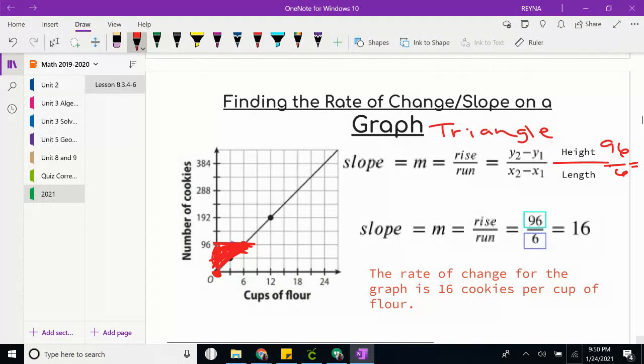And if I simplify those, if I divide, I will get 16. What does that mean for this graph? That means for every cup of flour, I can make 16 cookies, and that stays the same. So 2 cups of flour would be 32, and so on and so on. You would keep adding 16 cookies for every cup of flour.